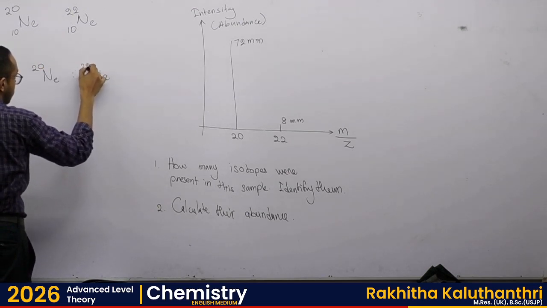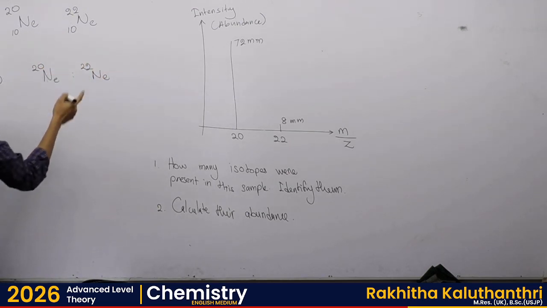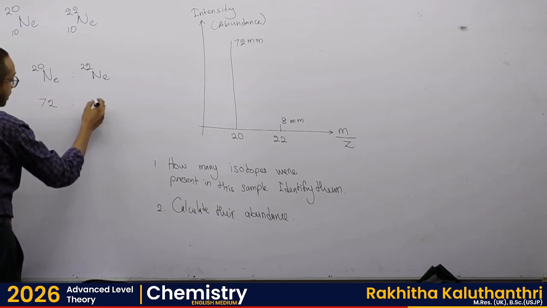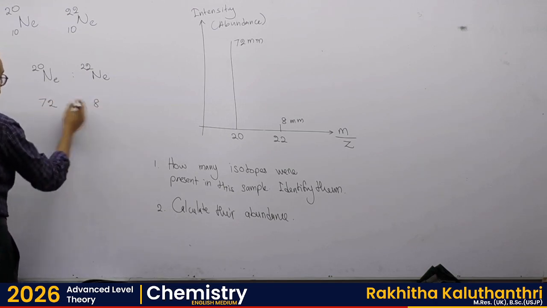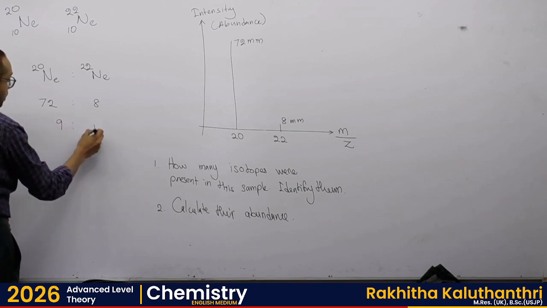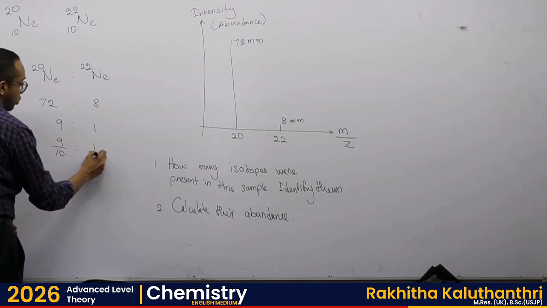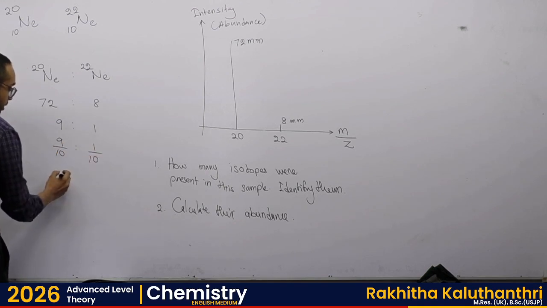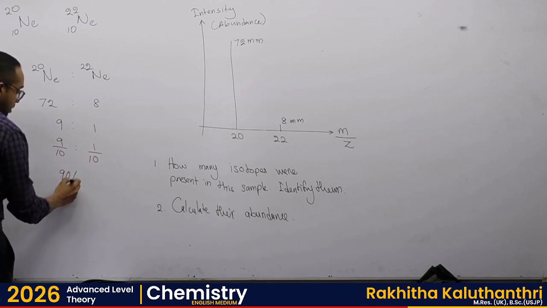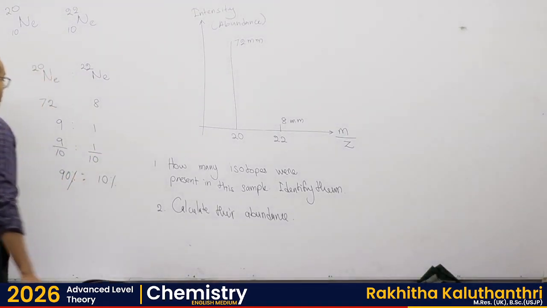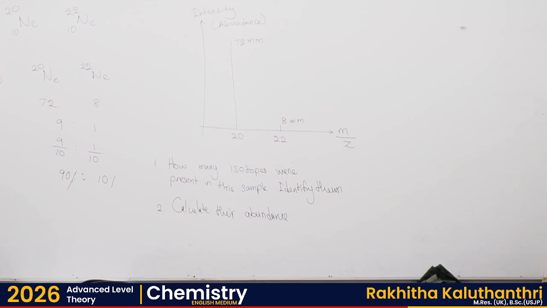You can see the first one is 72 millimeters in height, the next one is 8 millimeters. So if you take the ratio between them, it is 9:1. 9:1 means 9 over 10 and 1 over 10, indicating that this is 90% abundant and this is 10% abundant. Now is that difficult?